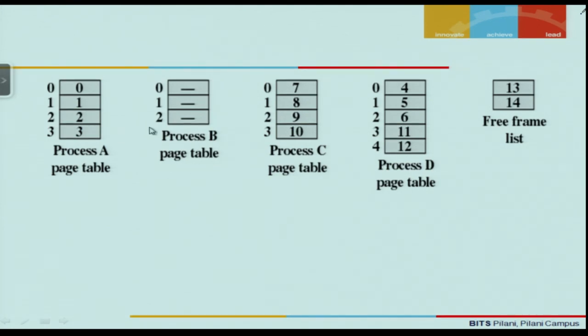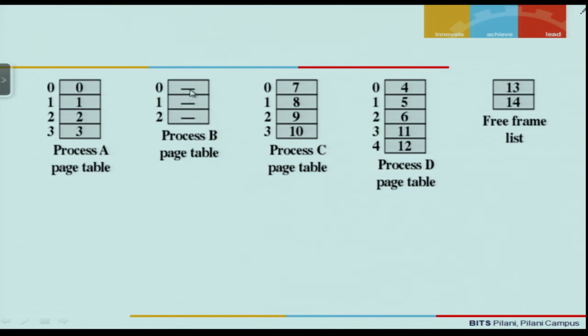At the end of the example, we have seen that process B has been swapped out. As a consequence, process B is not in memory, and that is the reason that the frame numbers are not indicated here.